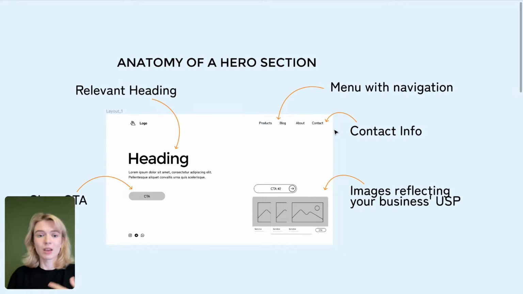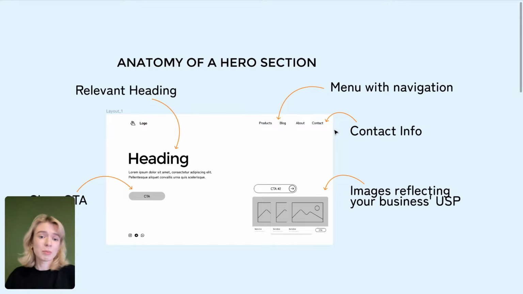Then your website copy. How you do your copywriting affects everything from search engine optimization to how your user interacts with your website. So make sure you have a relevant heading that is strong and really conveys the message that your business conveys what your business does and what you do better than the others.